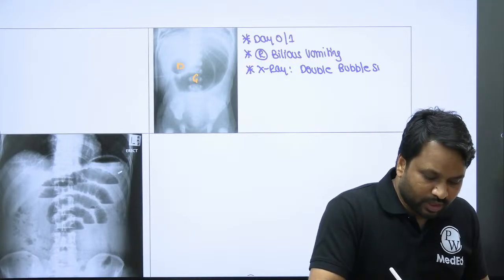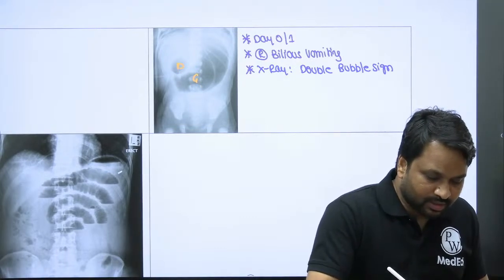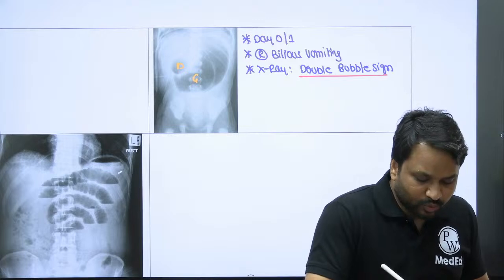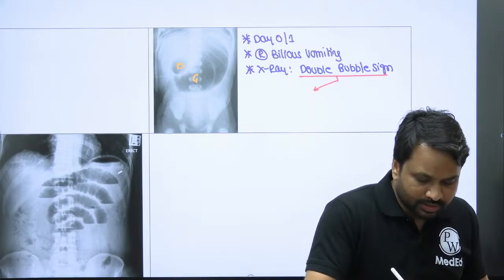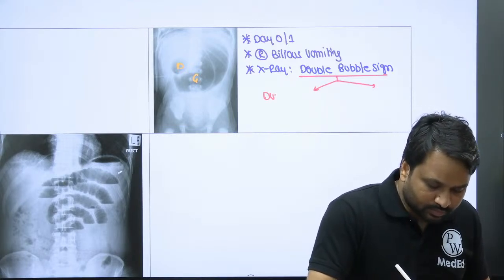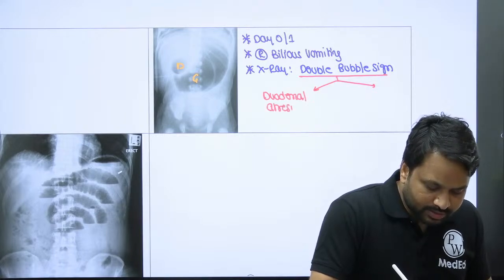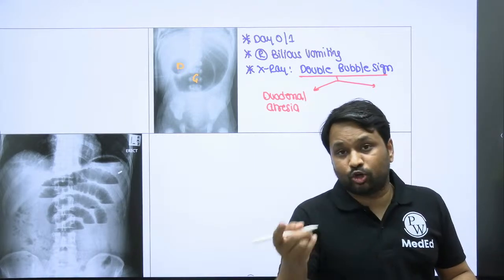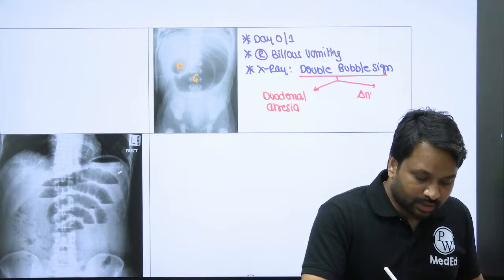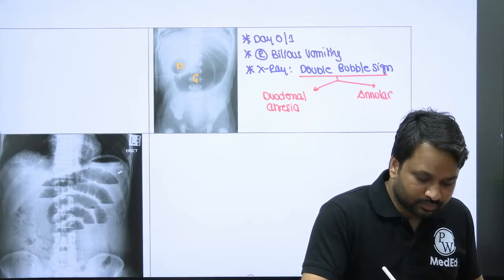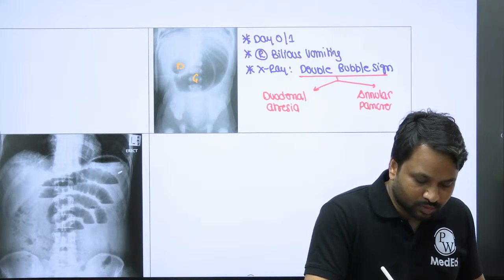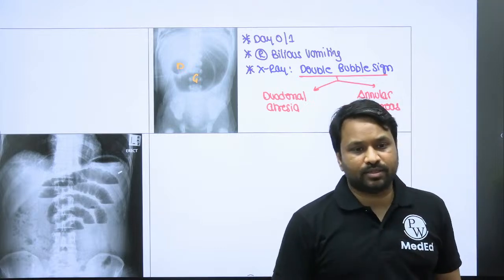Whenever you have a double bubble sign, it basically means it can be of two varieties. Either it's a duodenal atresia, or the other one, which is an annular pancreas, as simple as that.